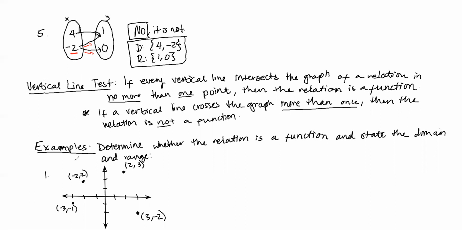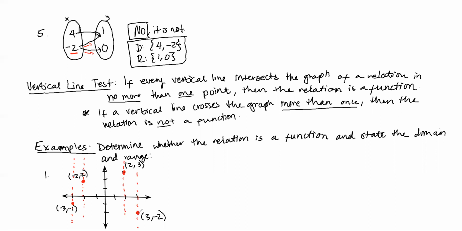If I draw a vertical line through this point here, that only goes through this 1 point, so that one's good. Same thing here, it's only passing through this 1 point. Same thing here, passes through 1 point. Same thing here.